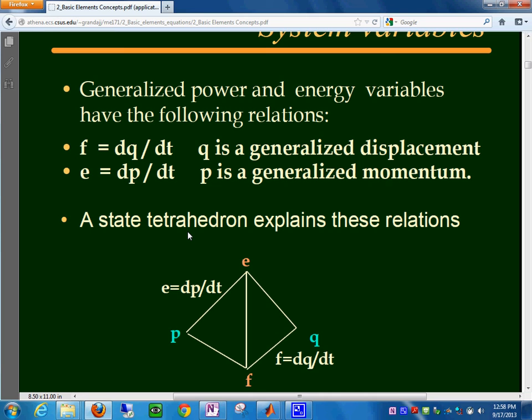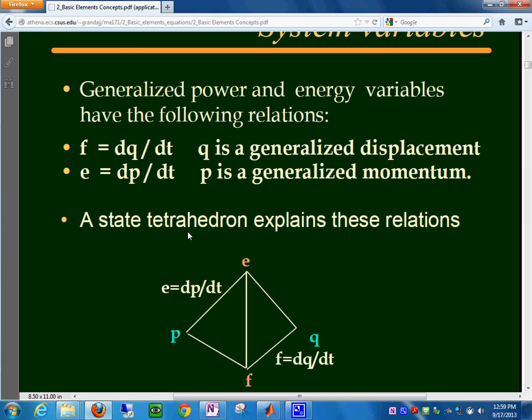In here, the relationship between the effort and the momentum is through this derivative dp/dt, and the relationship between the flow and q is also between. So that's how we make the q the independent variable, and in the other case, we make the p also the other variable.